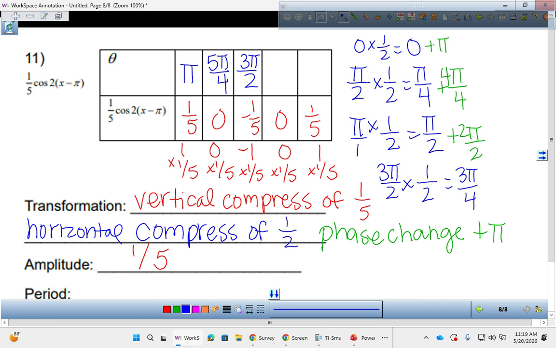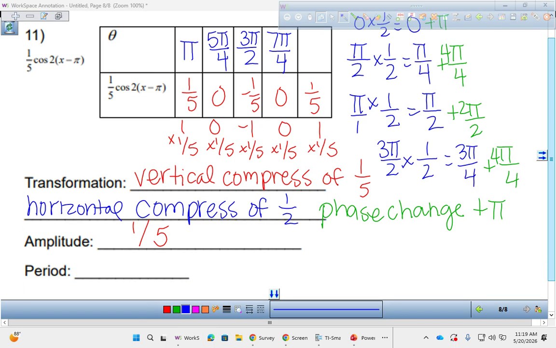I'm at 3 pi over 4, if I'm cutting 3 pi over 2 in half. Alright, and then I need to phase change it by adding pi. In order to add pi to this, I need common denominators. So I need a denominator of 4 for this one. 3 plus 4 is 7 pi over 4. The last one I'm going to do down here, so I'm out of space.